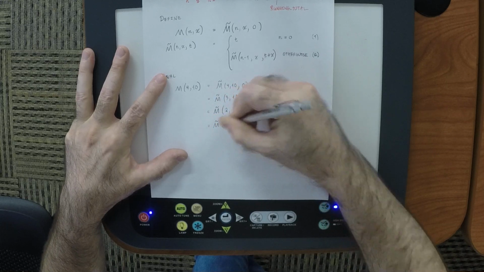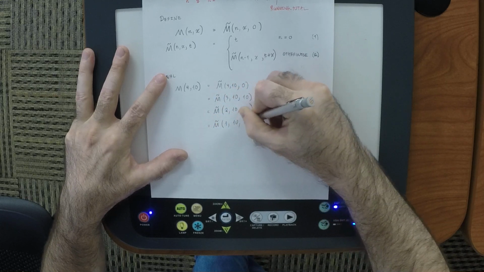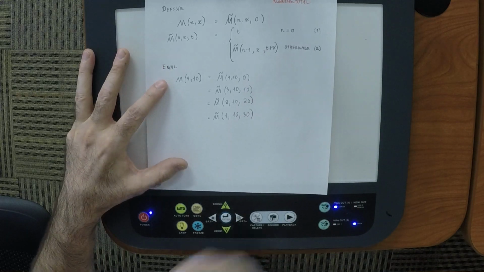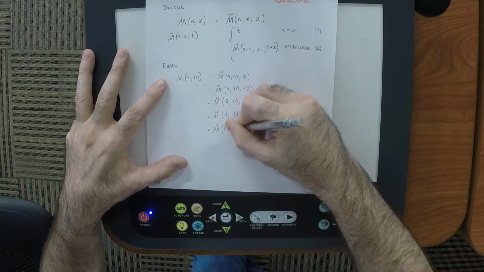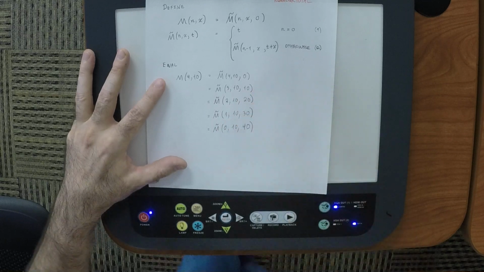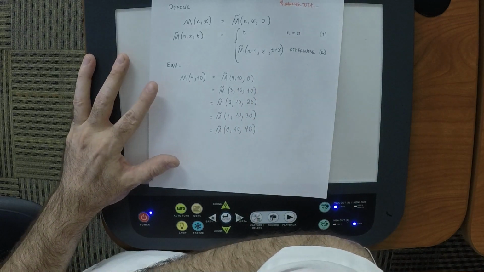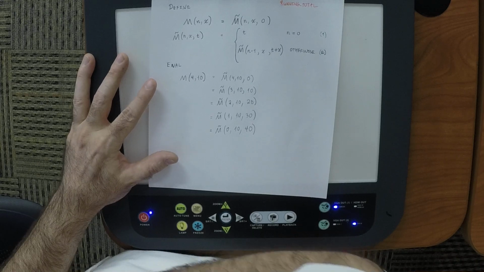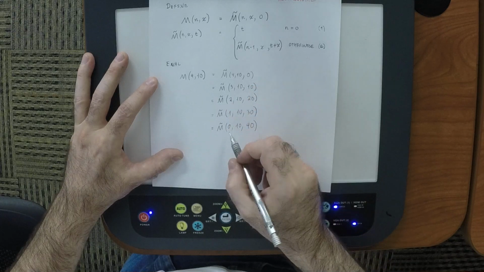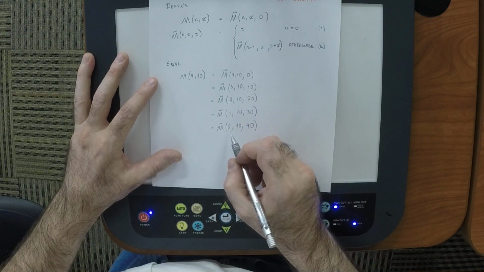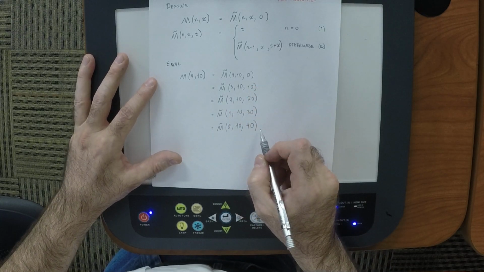M tilde, 1, 10, 30. M tilde, 0, 10, 40. And now what? The answer is 40, right? Because our counter has counted down to the least natural, and so the answer is whatever the current running total is, 40.